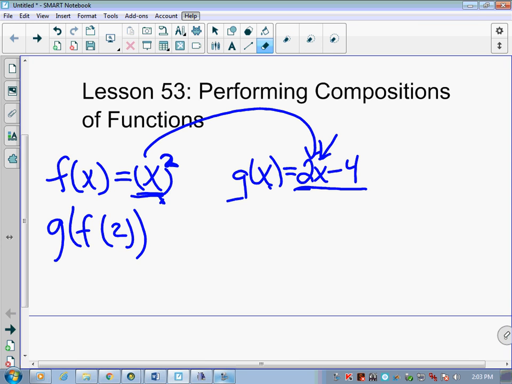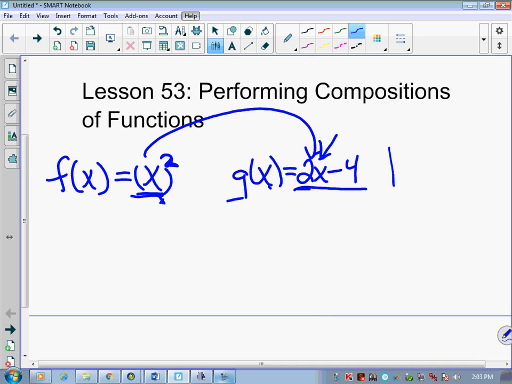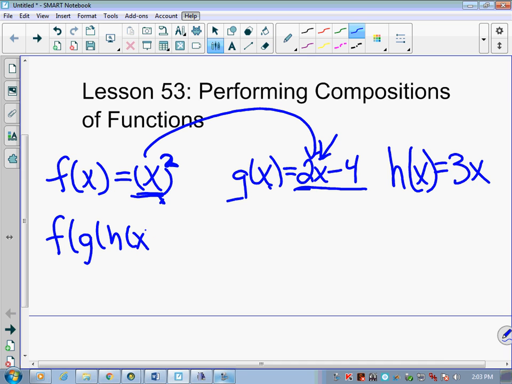Now, they can even go as far as to take another function. Let's say we had h of x equals 3x. They might ask me, what is f of g of h of x?